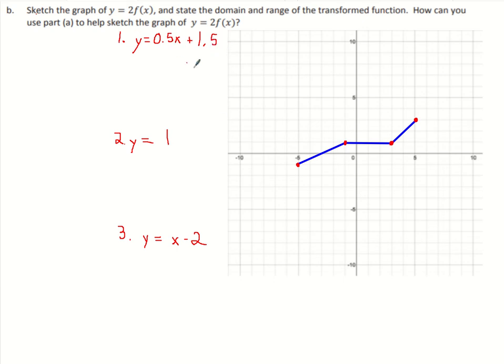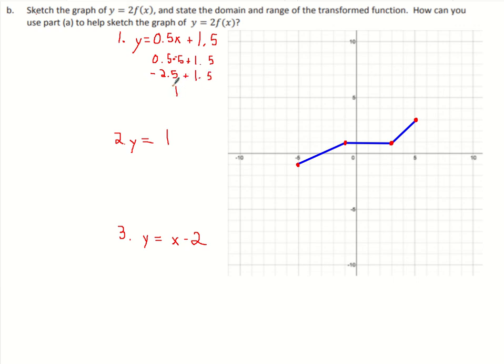So for my x value of negative 5, just like what we had over here, I would have 0.5 times negative 5 plus 1.5. 0.5 times negative 5 gives me negative 2.5, plus 1.5, which gives me negative 1.